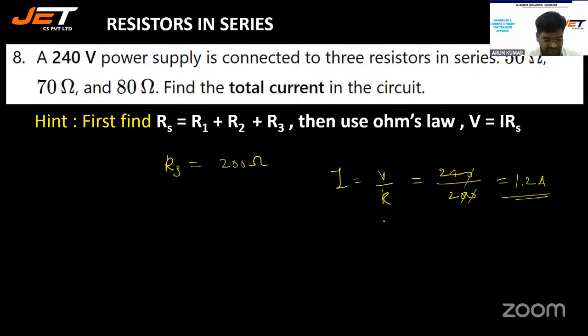Yes, Anji is right. Meghna, check your calculations. Yeah, Raju, the question is 240 volt power supply is connected to three resistors in series. Resistors are given, three resistors in series. So what is the effective resistance? Sum of them. If we add all of them, I get the effective resistance. Find the total current in the circuit.